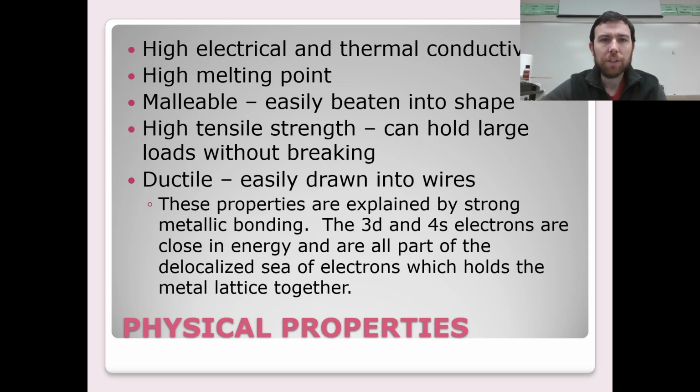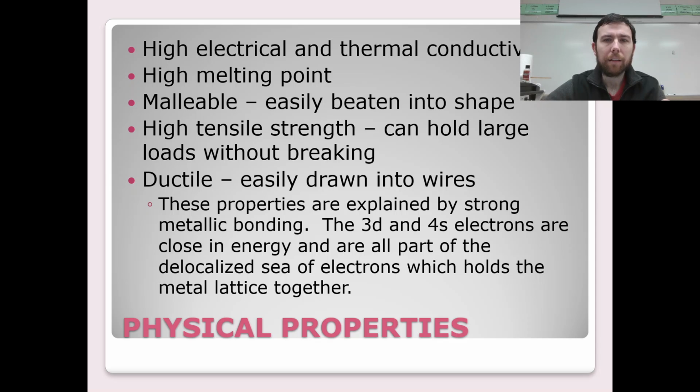Well, all of those physical properties really go back to the presence of these d orbitals and these d subshells, right? And so these properties can be explained by strong metallic bonding within those elements, right? This is because the 3d and 4s electrons are close in energy. And so within metals, the 3d and 4s electrons are going to be a part of the delocalized sea of electrons, which hold the metal lattice structures together, right?